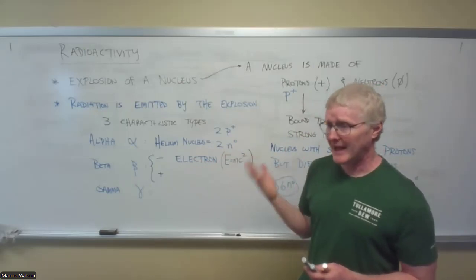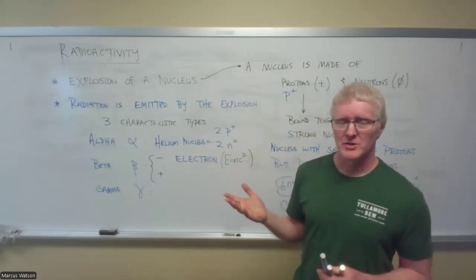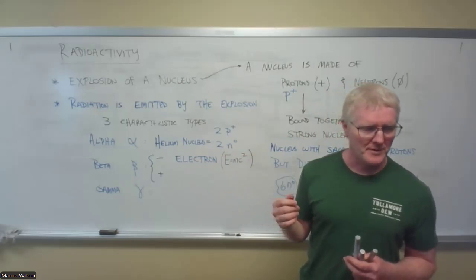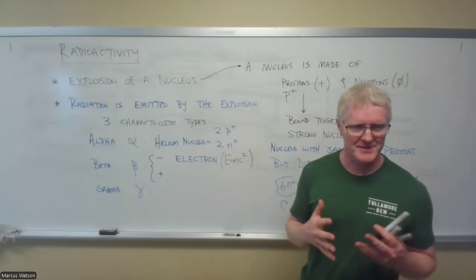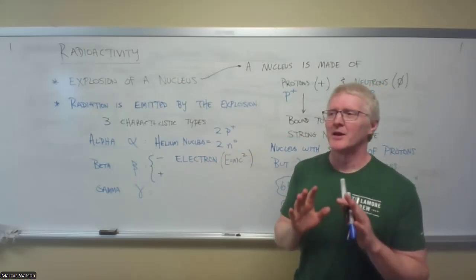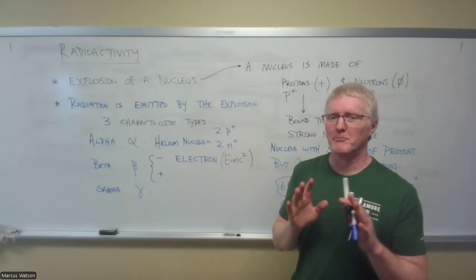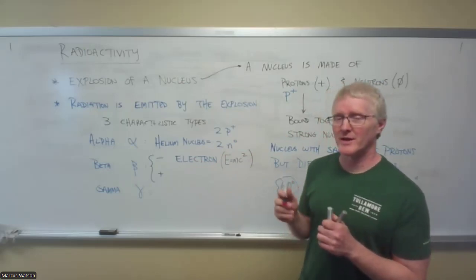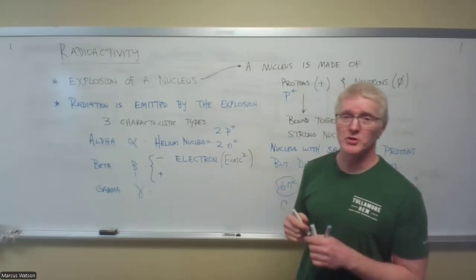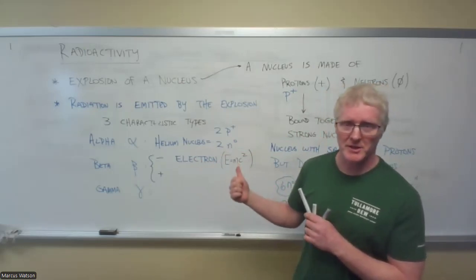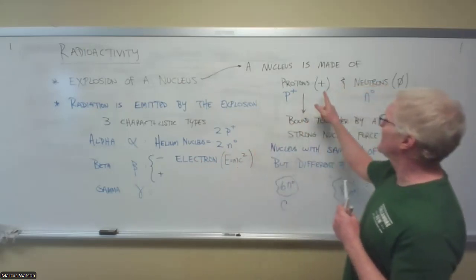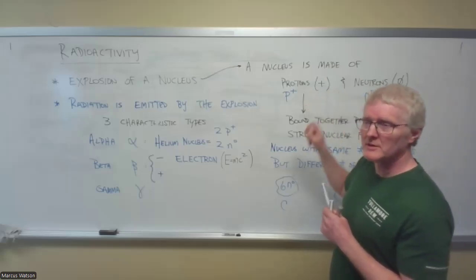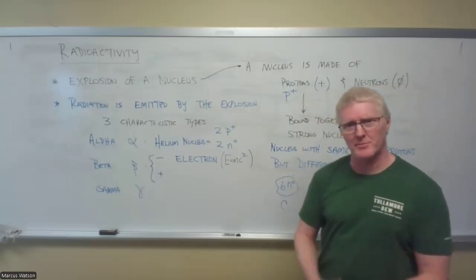More times than I care to remember in my career, I have run into people who have said, oh, a neutron, that's where the electron comes from. Because a proton plus an electron makes a neutron. A neutron is basically a bound state of a proton and electron.